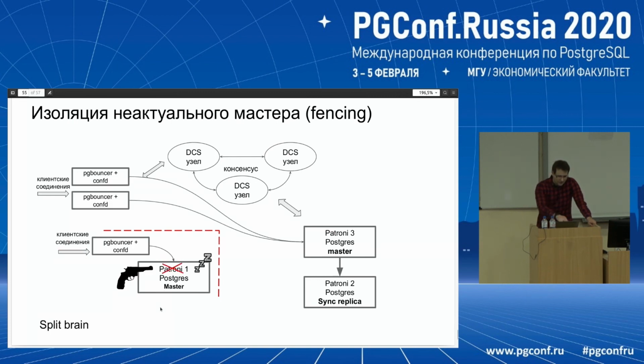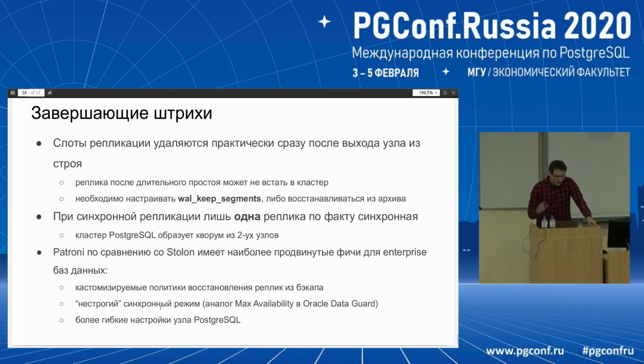And it could lead to a bad situation if you are using PgBouncer instead of HAProxy, because they don't have the fencing logic in case of isolation from DCS. The configuration gets frozen and all the connections can still be sent to our master that is not demoted, because Patroni is not working on this occasion.